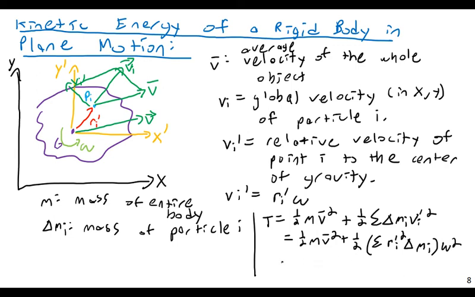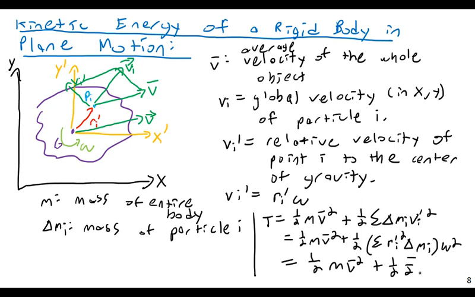Another way I could write this is 1/2 m v bar squared plus, this also collapses to 1/2 I bar omega squared.